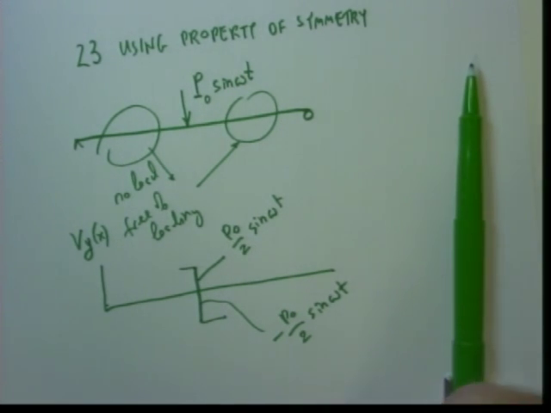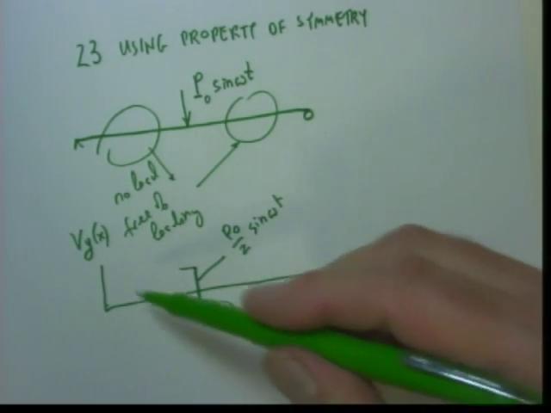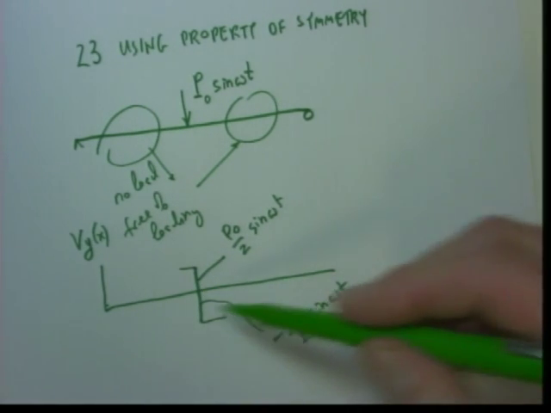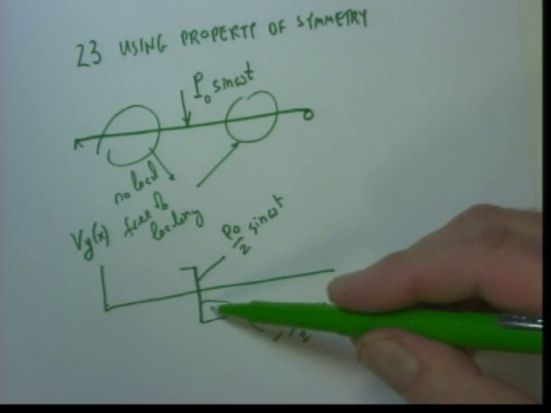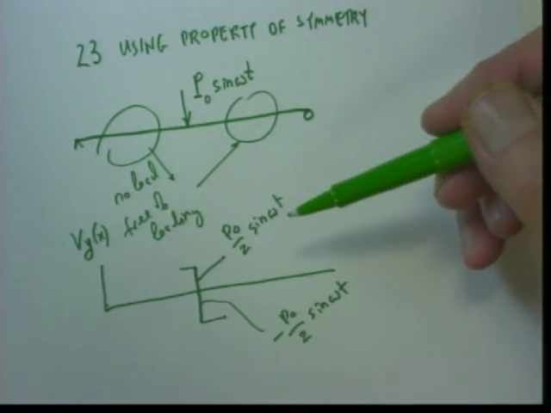Now, this is a symmetric system. In a symmetric system, that is how it should be. When I come from here, I should see a positive value, and when I go from there, I should see the same value but negative, because the system from here or from there looks the same.